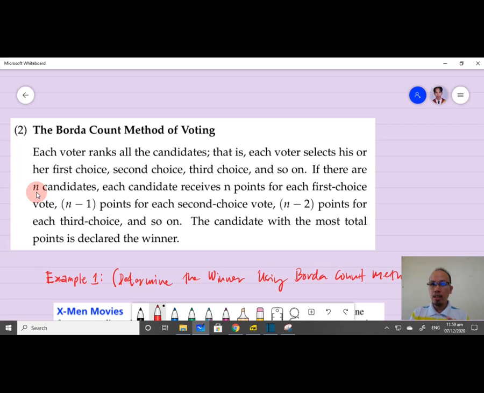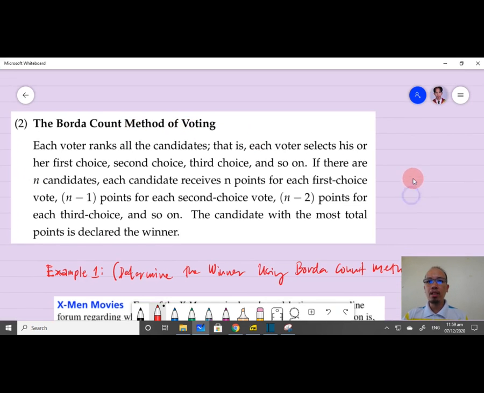For the second choice, that is 4 points. For the third choice, 3 points, and so on and so forth until the last candidate, the least one. That's what we mean by the Borda count method of voting.